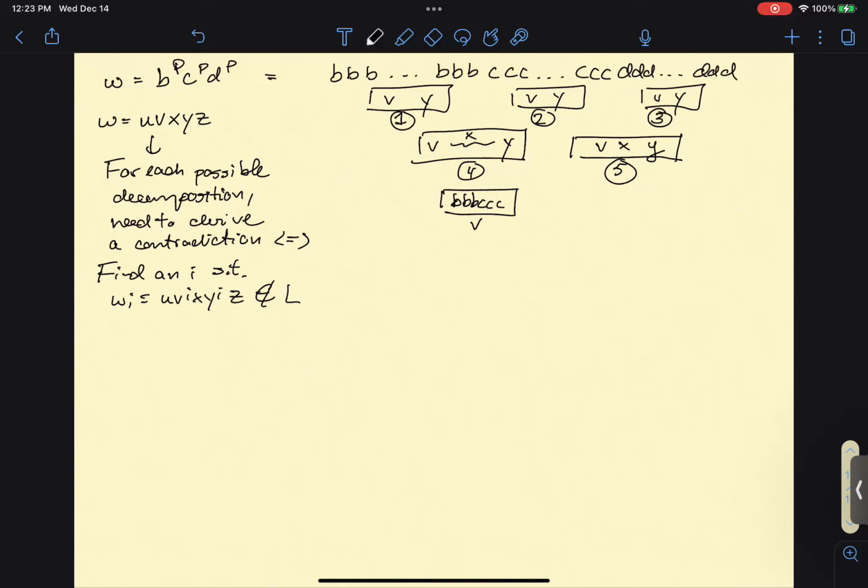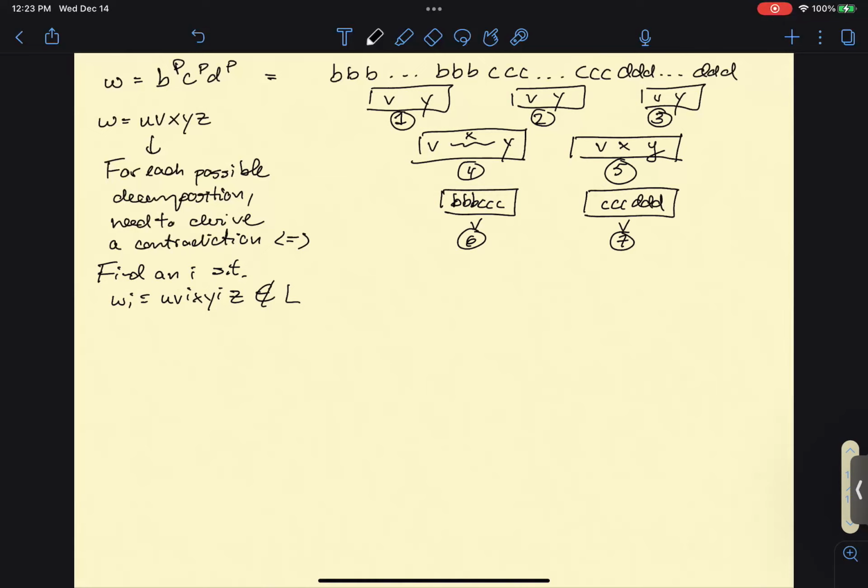The same thing goes for Y, but these cases are equivalent, so I'll just call them the same. So this is case 6. And then there's also this one, which I'll call 7. This is the same as if Y was also bordering the C's and D's.